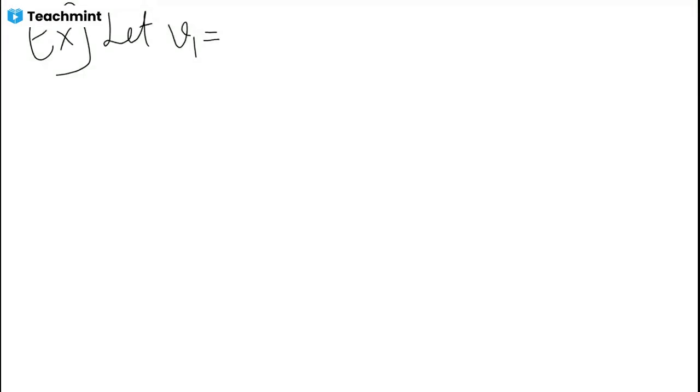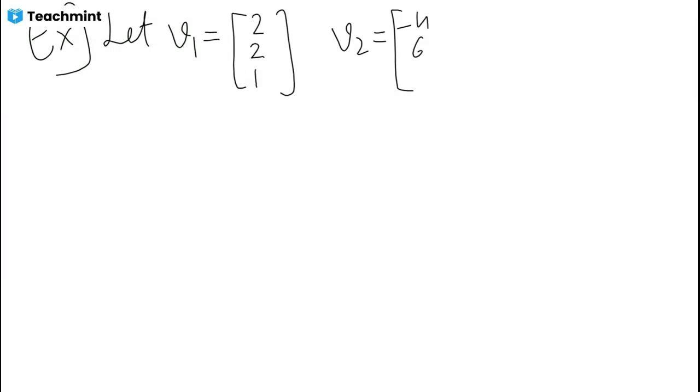So let us take one example to understand linearly independent or dependent vectors. For example, let V1 be (2, 2, 1), V2 be (-4, 6, 5), and V3 be (1, 0, 0).